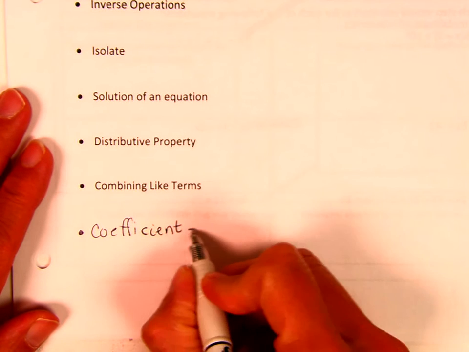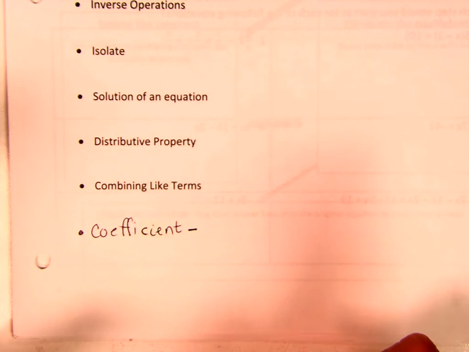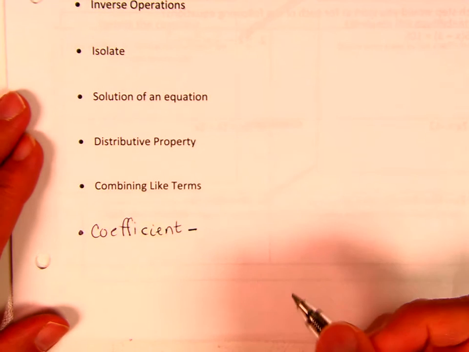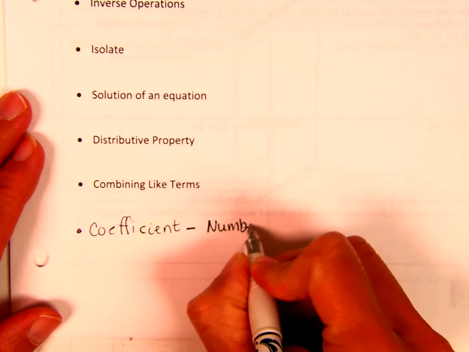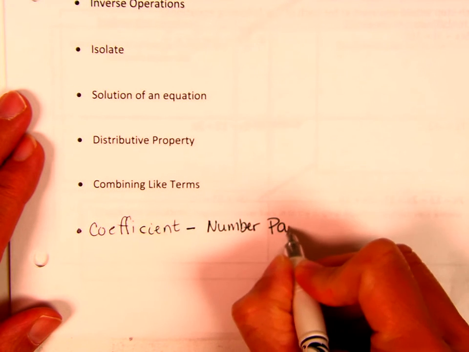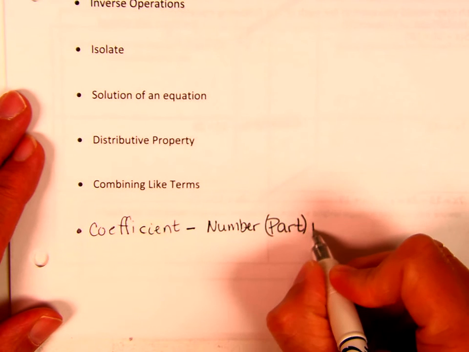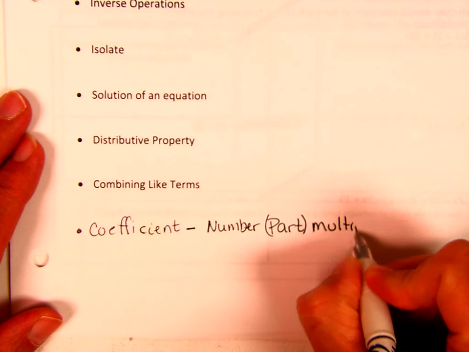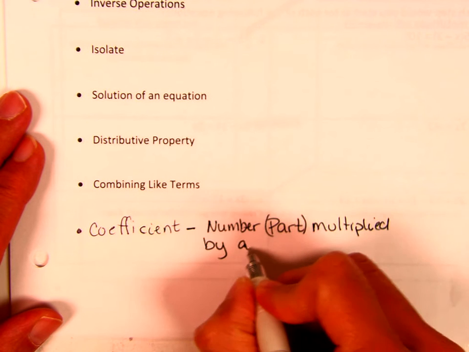A coefficient: sometimes when you see a number, it is not considered a constant, it's considered a coefficient. So this is the number part, or we should say the number that's multiplied by a variable.